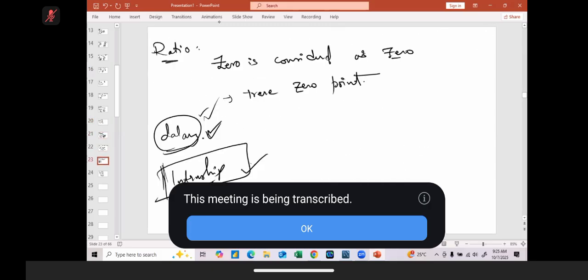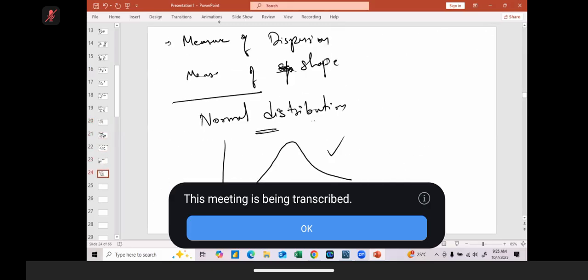One more thing, there are some divisions like this. I'll tell you in detail tomorrow, just for your remembrance. One theory states that 68.5% of the values lie between plus or minus one standard deviation. 90% of the values lie between plus or minus two standard deviations from the mean or median value.